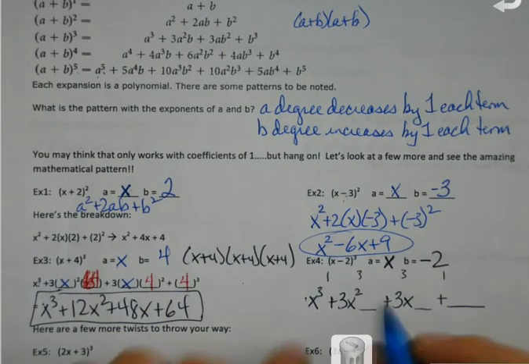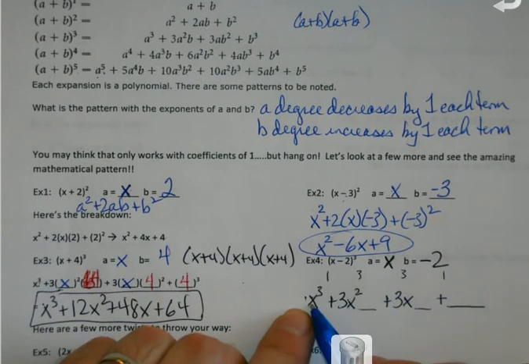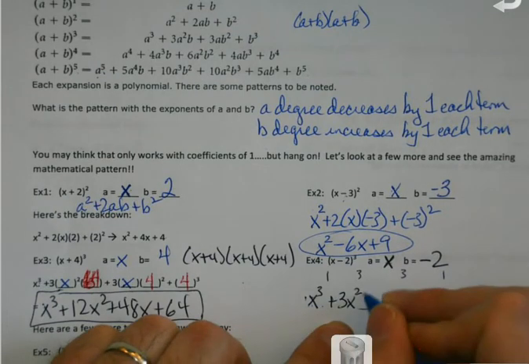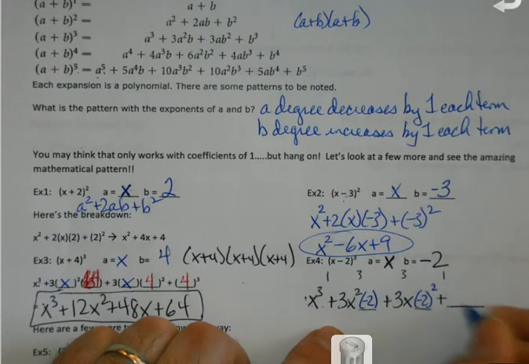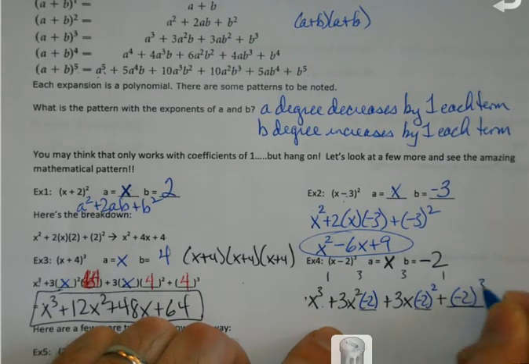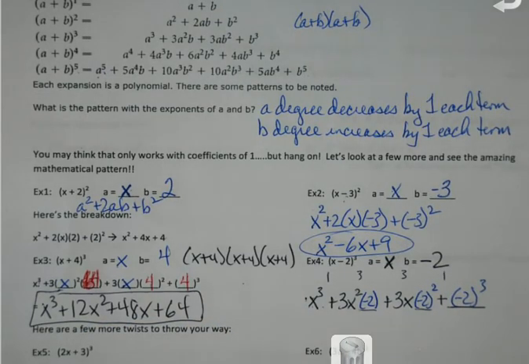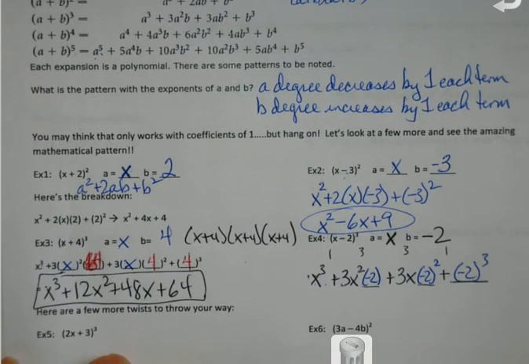So I go the opposite way. I don't have any b term. I have b to the first, b squared, b to the third. And then I just clean it up.